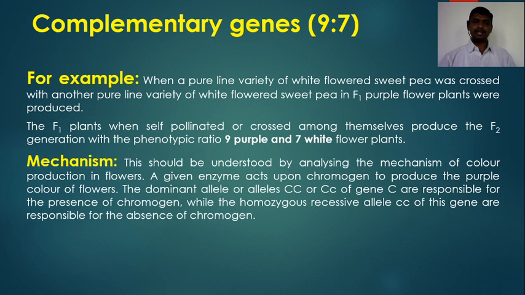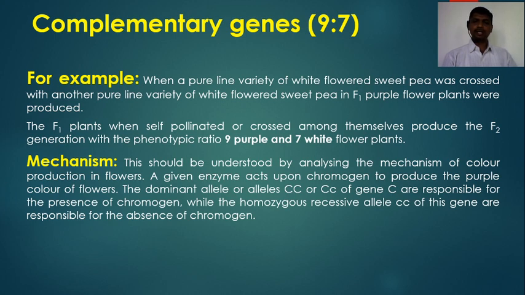The mechanism gives the answer to the question of how this happens, how in the F2 generation 9 purple and 7 white flowers appear, and how in the F1 generation only purple flowered plants appear. This can be understood by analyzing the mechanism of color production in flowers. A given enzyme acts upon chromogen to produce the purple color of flowers.